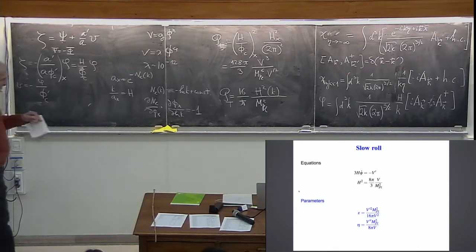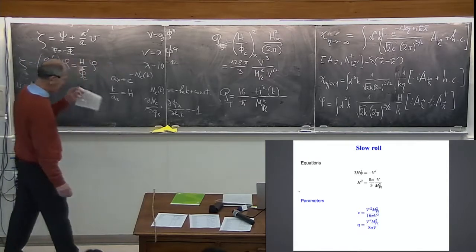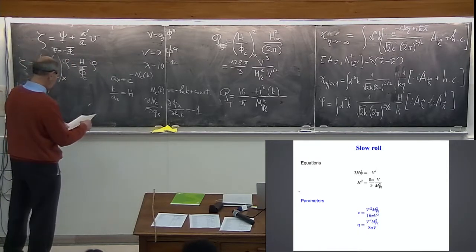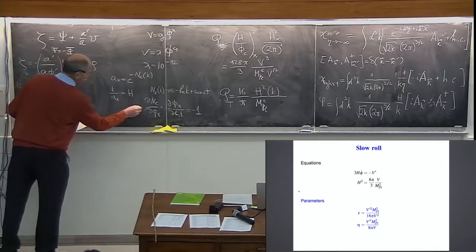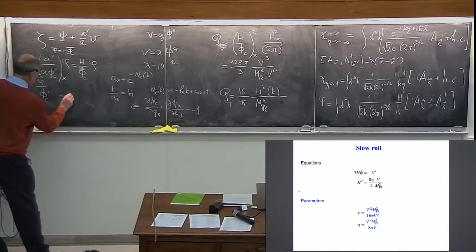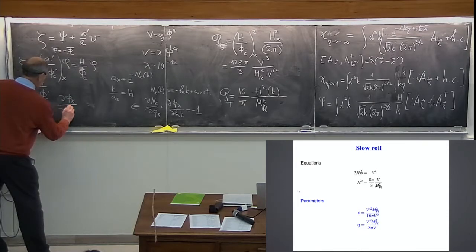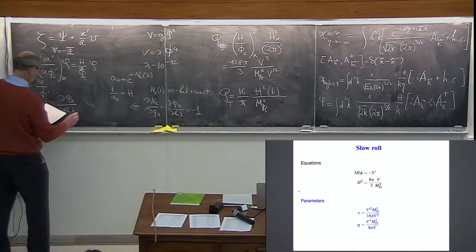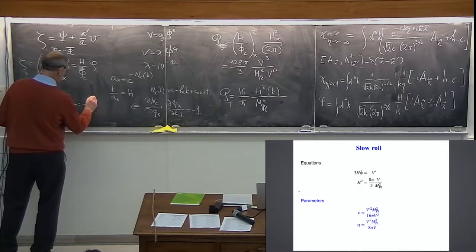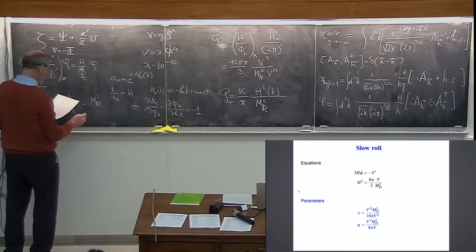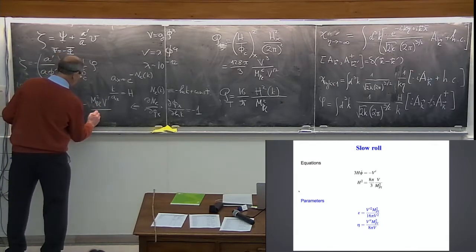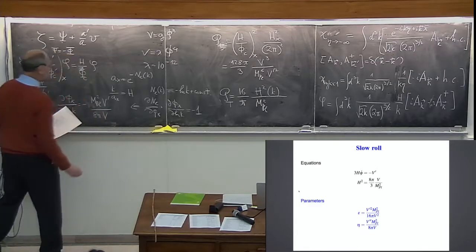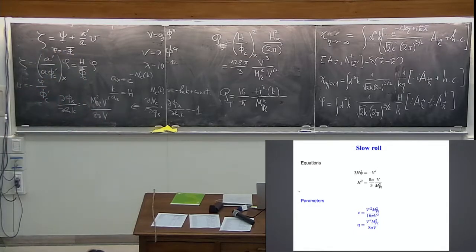I erased this, but from that we find that d phi crossing over d logarithm k is just equal to minus M Planck squared times the inverse of the integrand, V prime over 8 pi V, for the expression for the number of e-foldings.